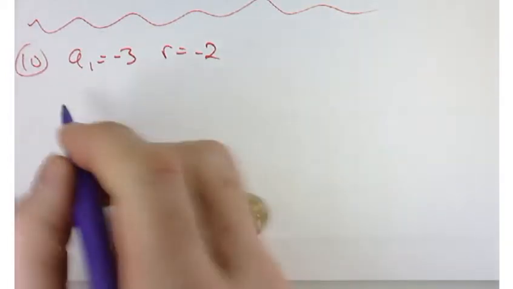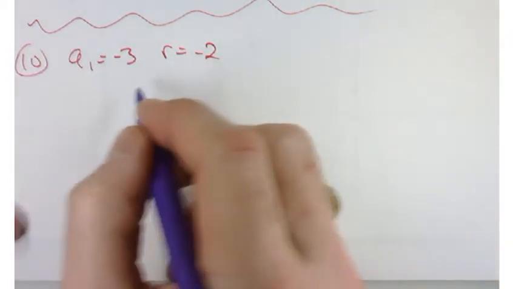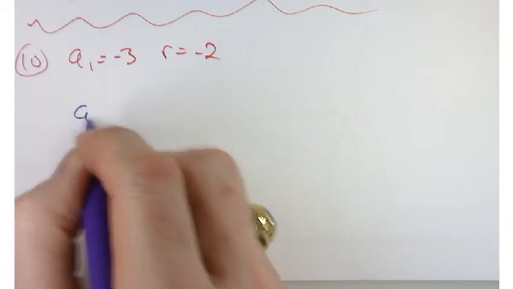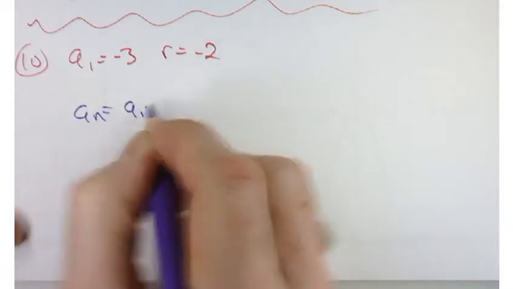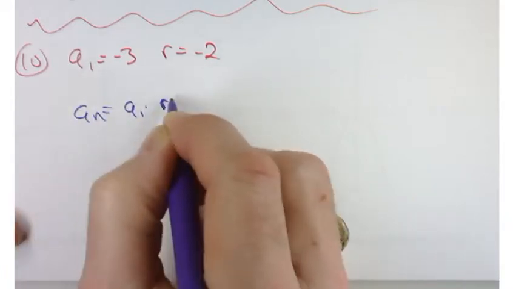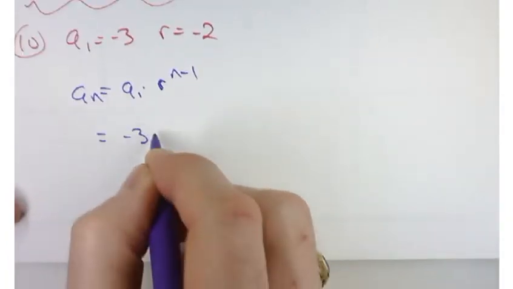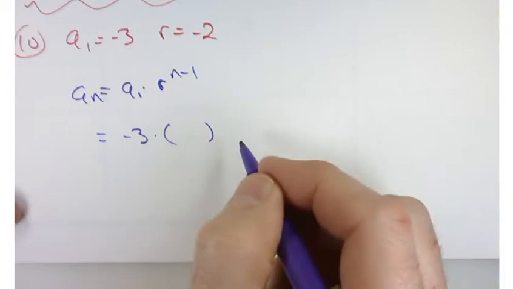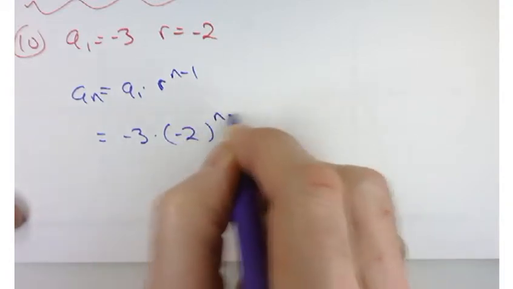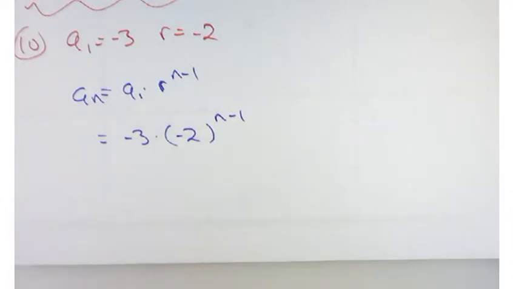Well, they're kind of giving us everything we need here, right? We know that a sub n equals a sub 1 times r to the n minus 1. So it'd be -3 times what? -2 to the n minus 1.